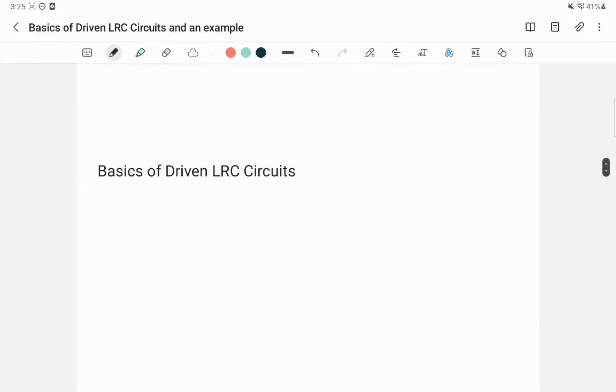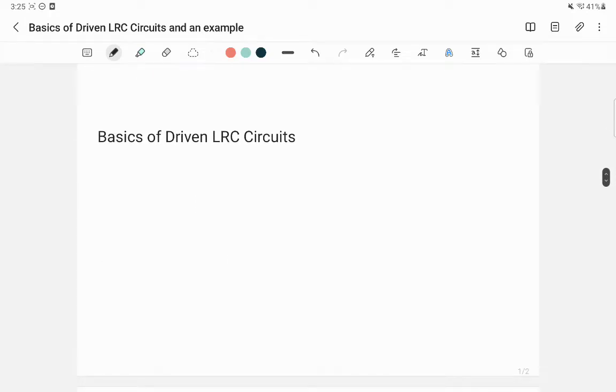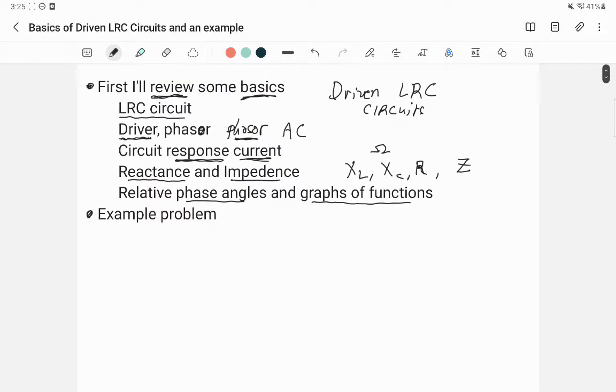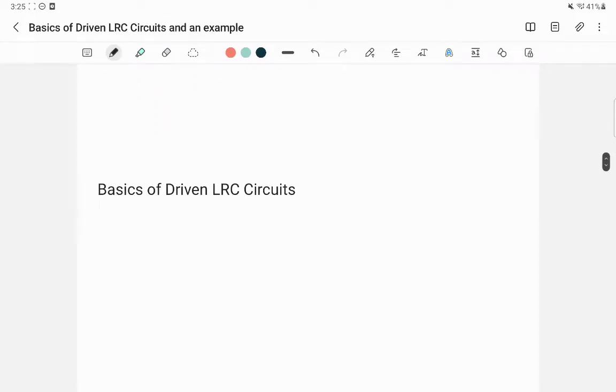So, some basics of driven LRC circuits. Let's think about what an LRC circuit is. There's L, R, and C, and the particular combination we care about here is an inductor in series with a resistance in series with a capacitance, like this.